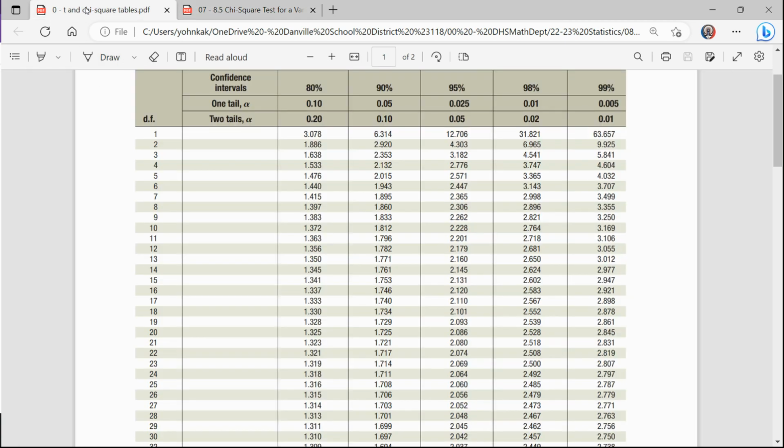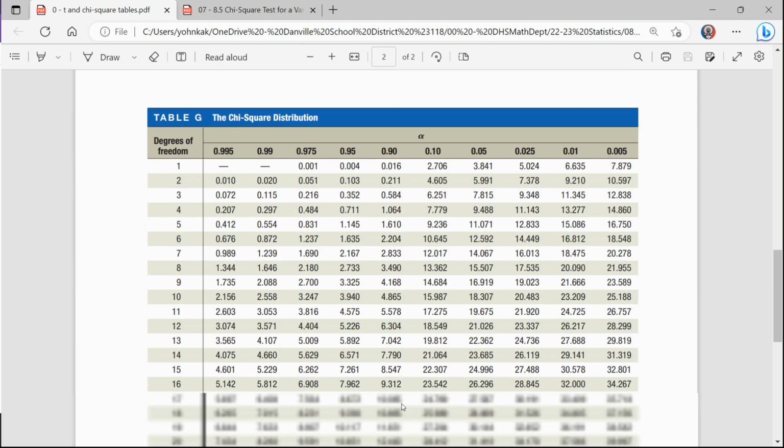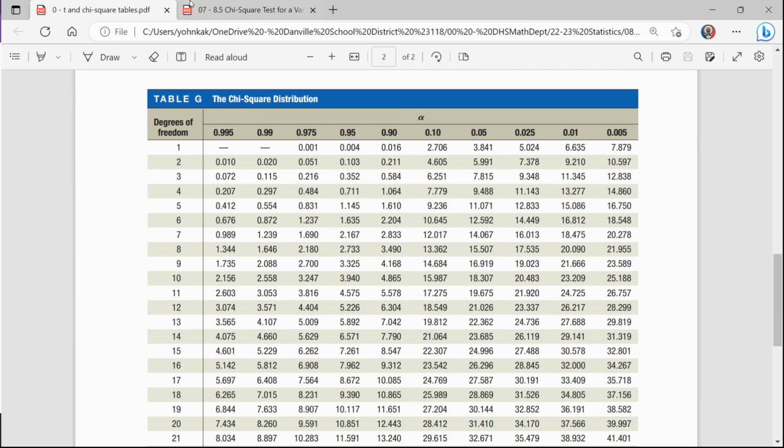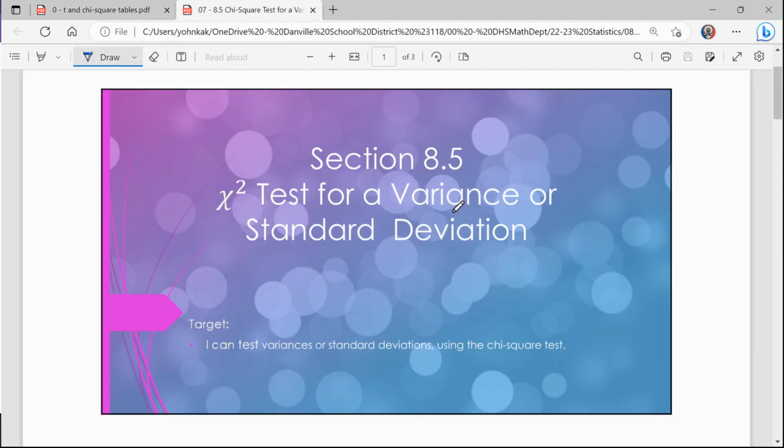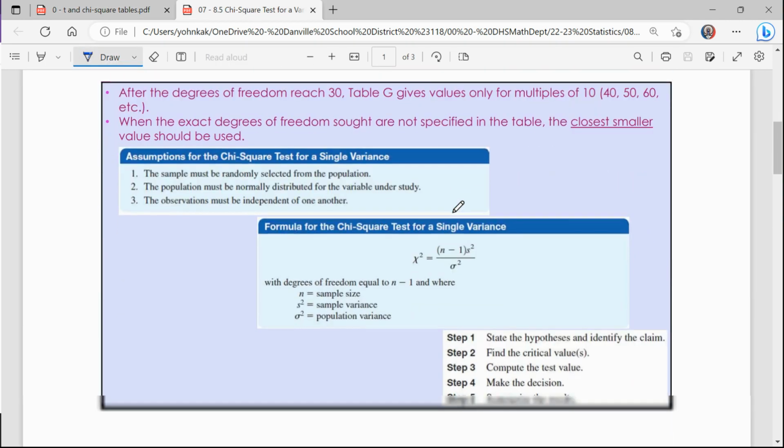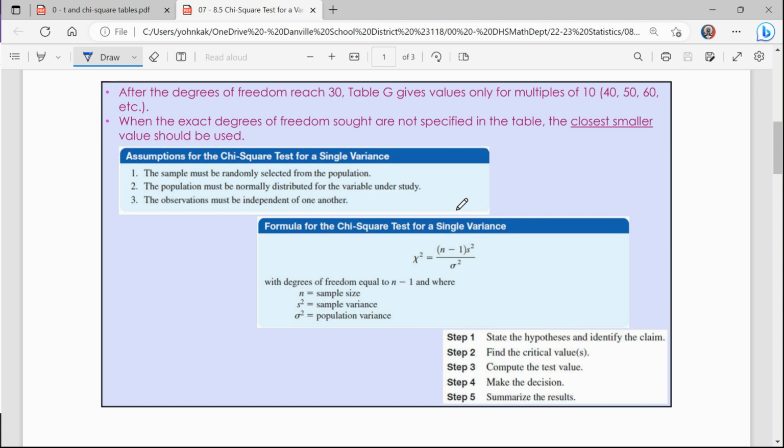So you will need your chi-square table that looks like this when doing your critical values. After the degrees of freedom reach 30, notice that the table only gives values for multiples of tens.